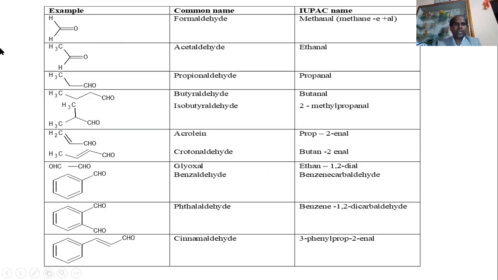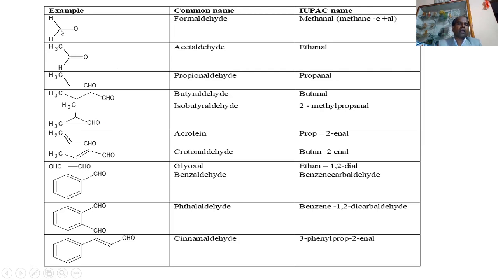These are the examples of aldehydes, these are the common names of these aldehydes, and these are the IUPAC names of these examples. Let's take the first one, HCHO. The common name for this structural formula is formaldehyde. For the IUPAC name, as per the IUPAC system, you need to find out how many carbons are present in the molecule.